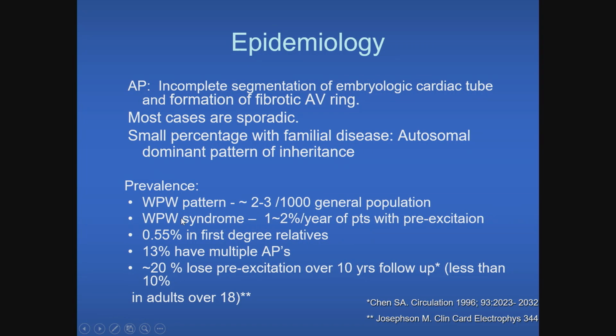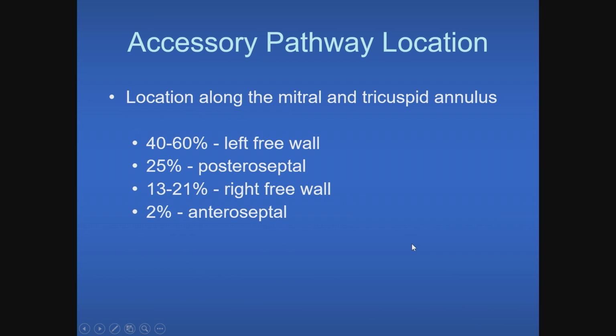The Wolff-Parkinson-White syndrome is 1 to 2% per year of patients with pre-excitation, and 0.5% in first-degree relatives. 13% have multiple accessory pathways, and 20% tend to lose pre-excitation over 10 years follow-up. In particular, if you pick up accessory pathways and pre-excitation in adulthood, they're very likely to spontaneously lose pre-excitation over time as the pathway involutes.